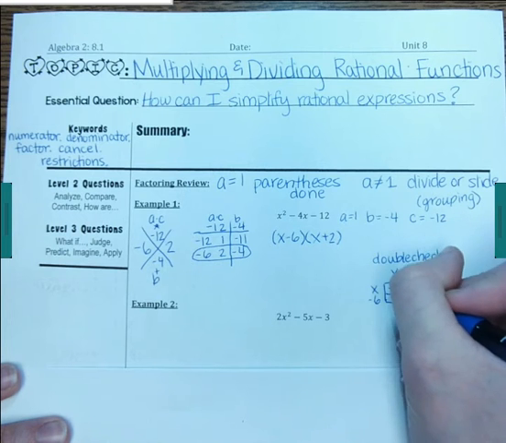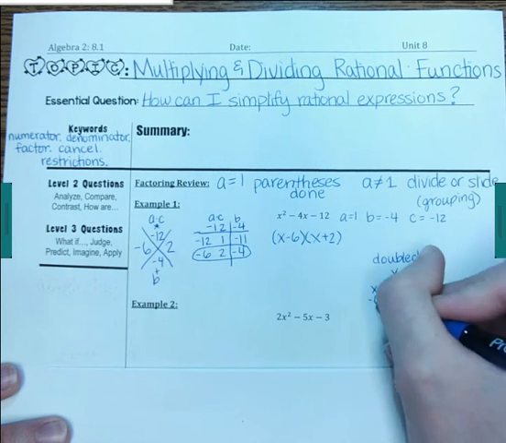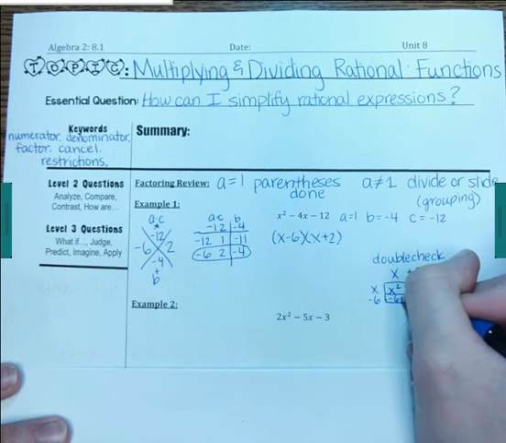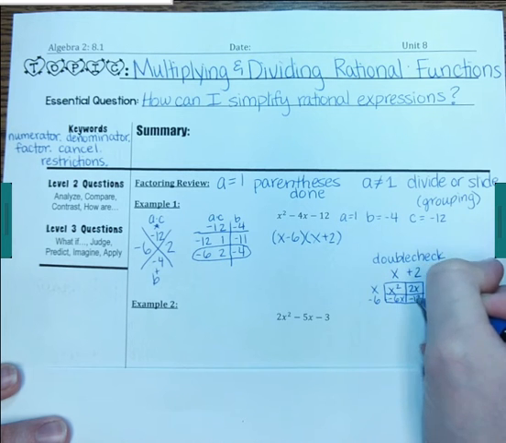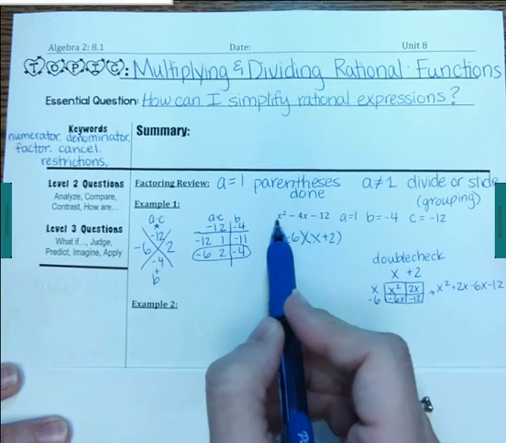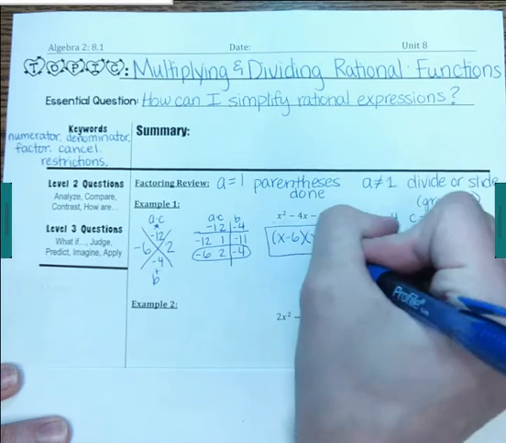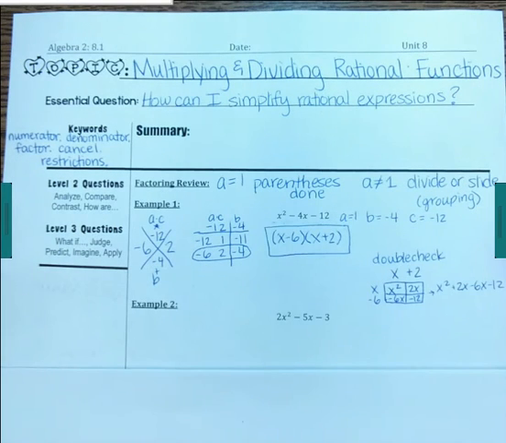So x times x is x squared, x times 2 is 2x, negative 6 times x, and 2 times negative 6, which gives us x squared plus 2x minus 6x minus 12, which if we simplify this, that becomes negative 4x, which is indeed what we started out with, so we can feel confident that this is the right answer.